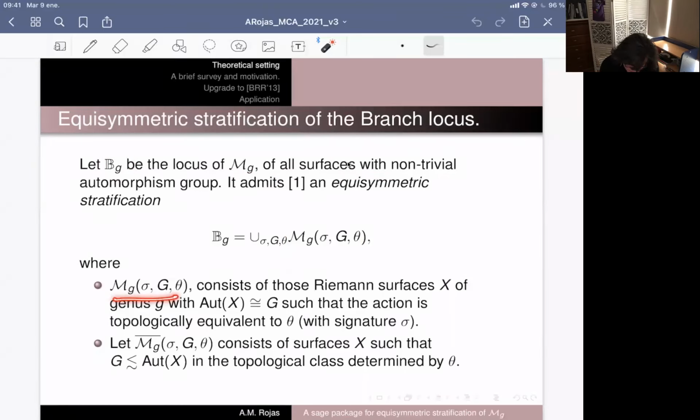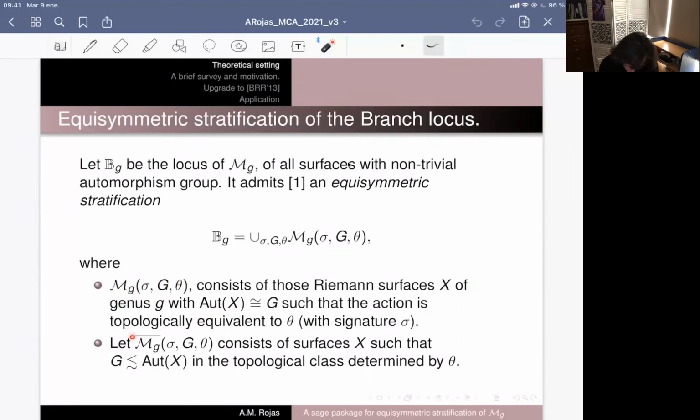So let's say that this set will consist of those Riemann surfaces of genus G where the full group of automorphisms is going to be G, acting with the action captured by the generating vector theta. And sigma is going to be the signature that, of course, can be read from theta, but we are going to put it in order to have more information.